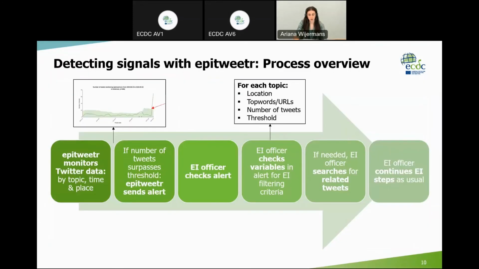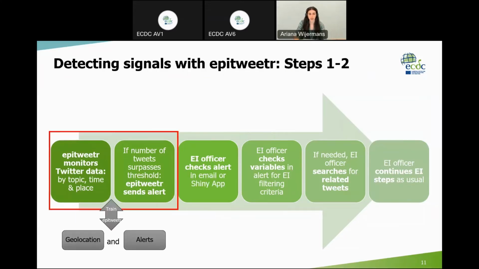So now to have a bit of a look at what we do on a daily basis for this epitweetr process. To detect signals, we start in the beginning with the first two steps. These are actually automatic steps, as long as you have installed epitweetr, have set up all the prerequisites, and you have done your configurations as you wanted.